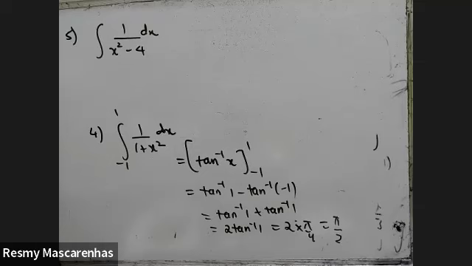In which form is this? There's x square and there's a constant term. Which formula to apply?